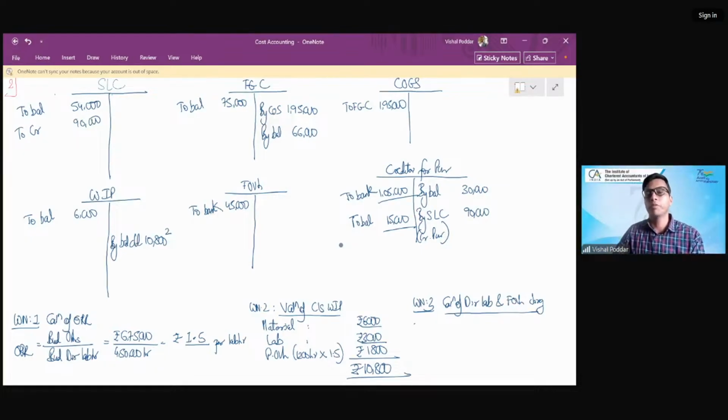Firstly, we find out the labor rate, which is rupees 3,000 upon 1,200 hours. Because for this WIP valuation, they had given that labor cost paid is 3,000 and the labor hours worked is 1,200. So dividing the two, I get my labor rate also.